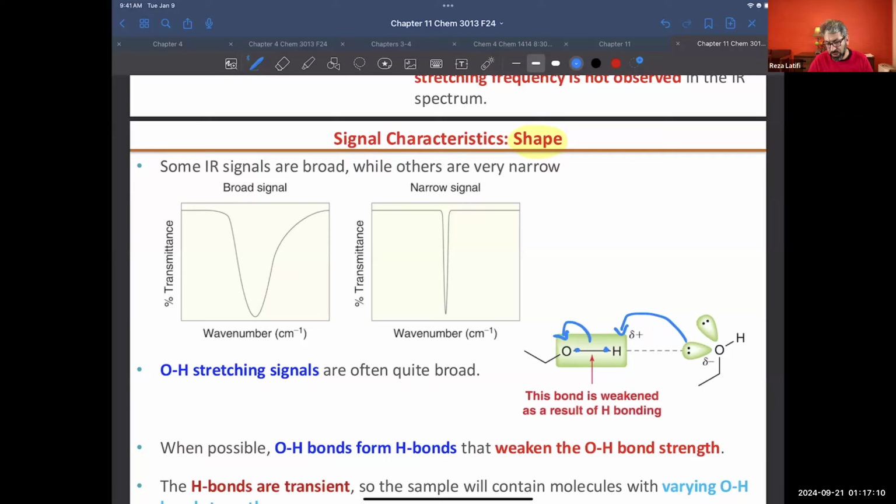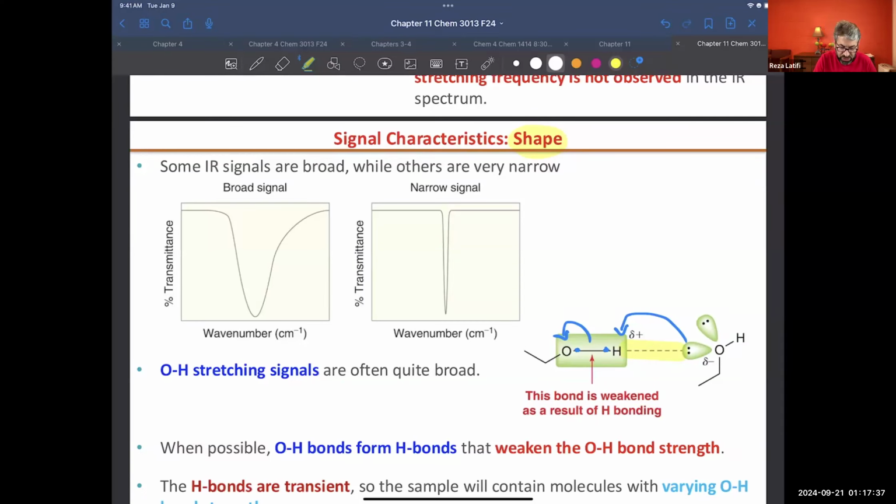So we are trying to break the OH bond and form a new bond there. Yes, it's not going to break 100%, but we are establishing some connection between the oxygen on the right side and hydrogen, and that's going to change the bond length of OH.